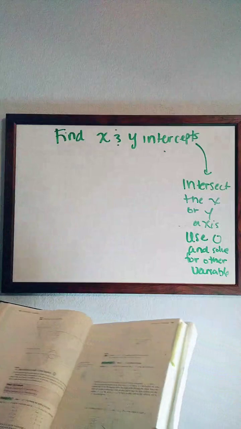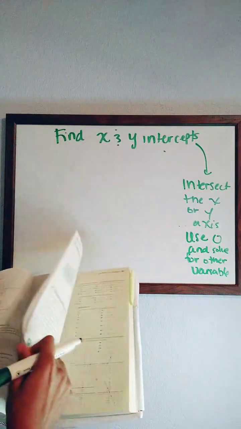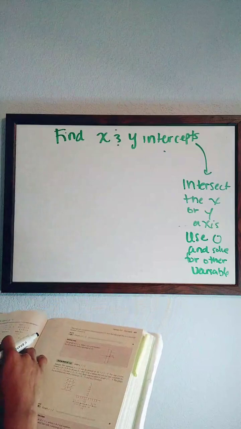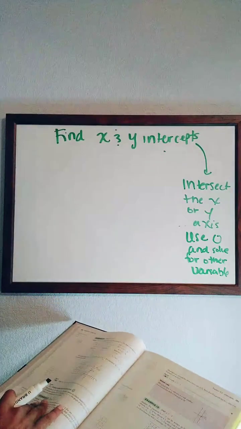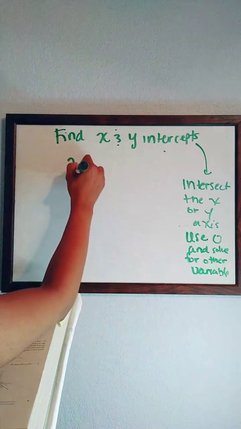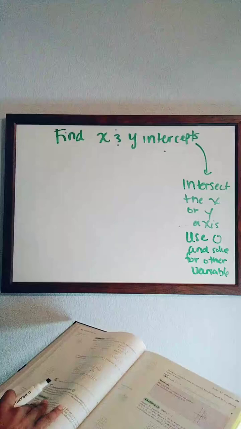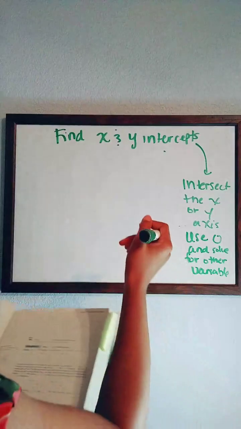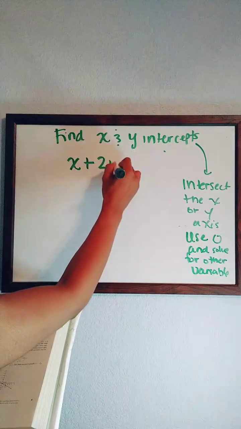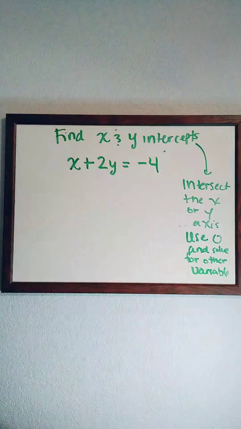Let's do another one. Okay, x plus 2y is equal to negative 4.